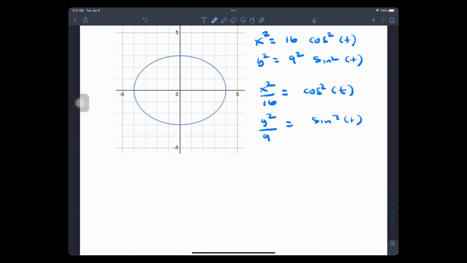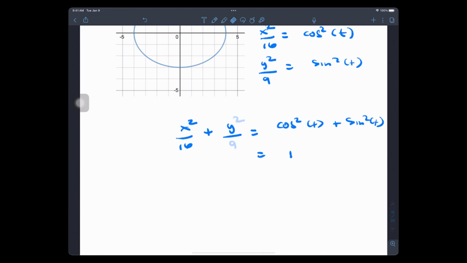What do you guys do next with this now that you've seen the circle? What does that mean for you? Take x squared over 16 plus y squared over 9, and what is that going to equal? You can say, is that cosine squared t plus sine squared t? Yes. What does that equal? Isn't that 1?